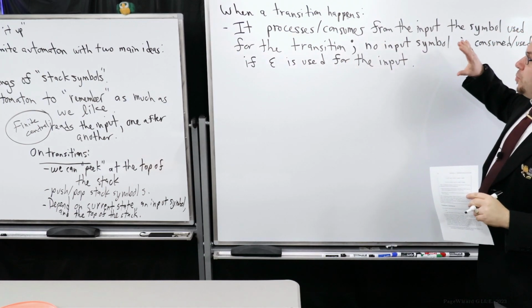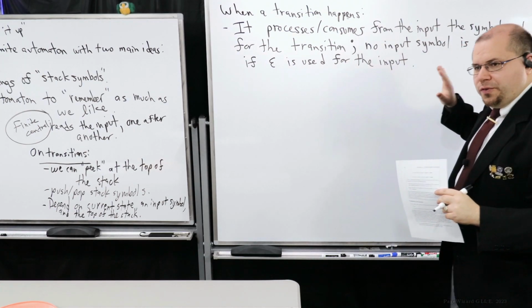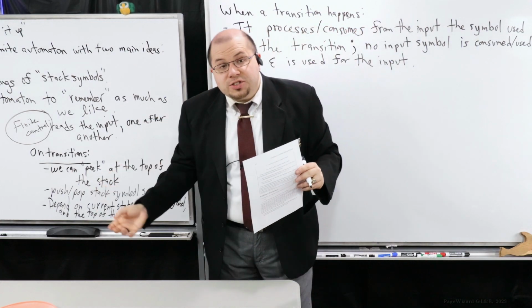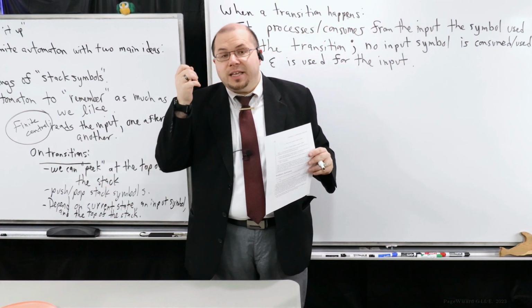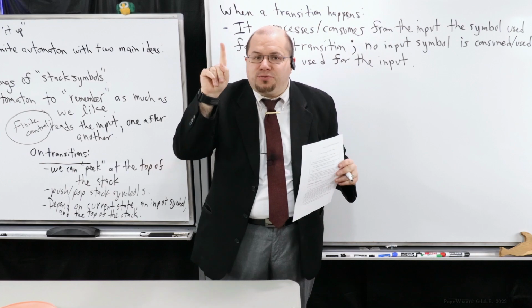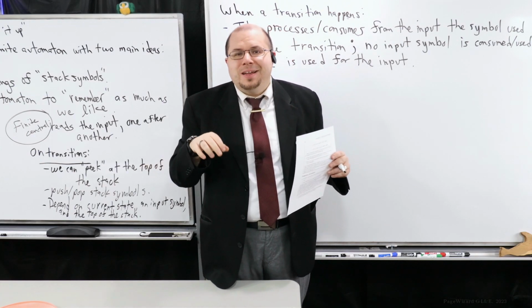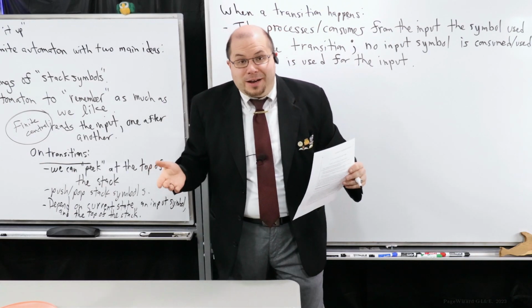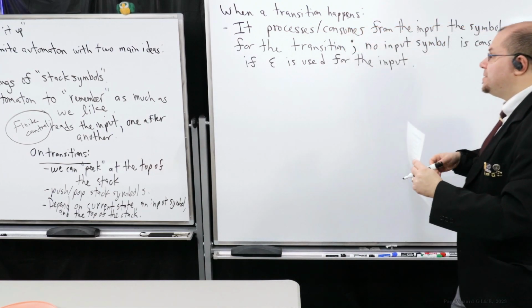So when it does this, it might move on epsilon, it might consume a symbol. Just think of consuming a symbol like reading the next symbol, just like we had when we talked about our finite automaton in the past.